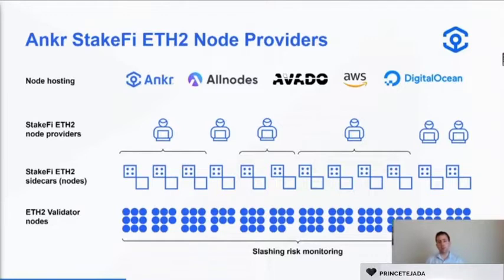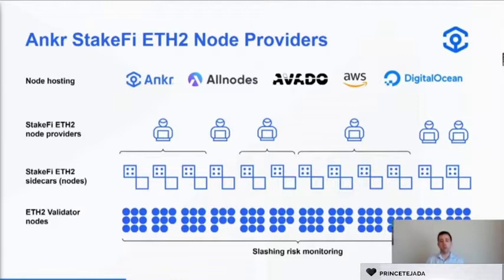So here it is an interesting system where we kind of forced Ethereum to become delegated proof of stake and having what we call StakeFi ETH2 sidecar or nodes that replicate a bit the role of a validator in the context of a delegated proof of stake system.